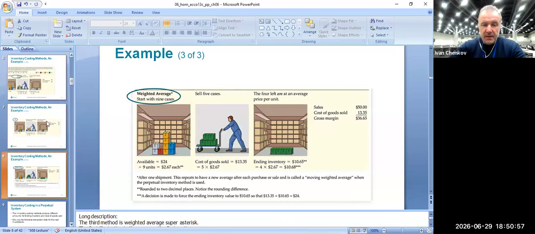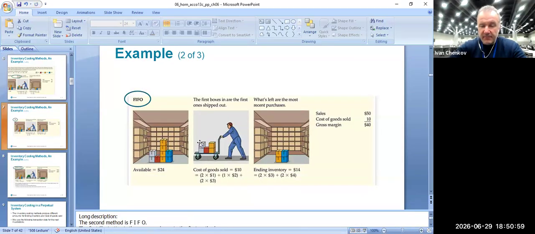When somebody picks 5 boxes, the last 4 boxes left in our inventory will be the last 4 purchased, which are the blue and 2 of the yellow. The beginning ones, the light blue and the red and 2 of the yellow, are gone. So in this case, we have a different cost of goods sold and a different balance for the ending inventory.